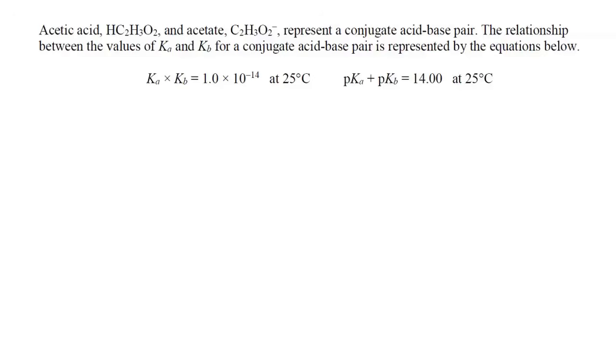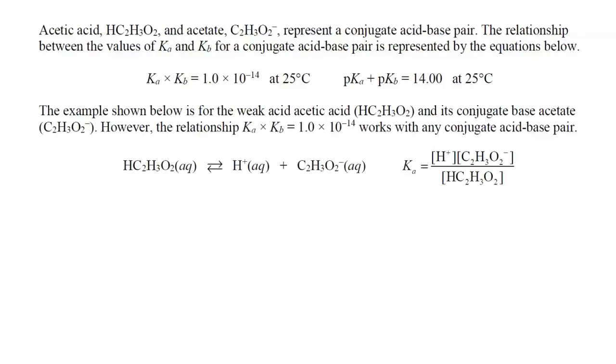The mathematical relationship between the values of Ka and Kb for a conjugate acid-base pair is represented by the two equations below. We have Ka times Kb is equal to Kw, which is 1 times 10 to the negative 14. We also have another way of representing this relationship using pKa plus pKb, and that is equal to 14, assuming that we are at 25 degrees Celsius.